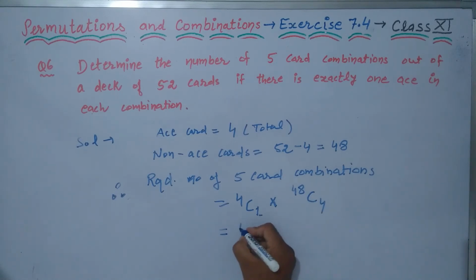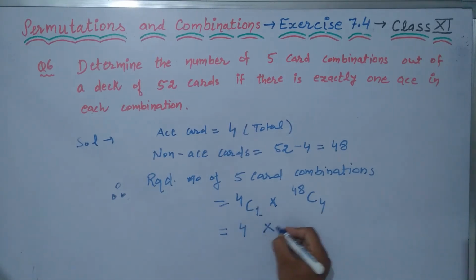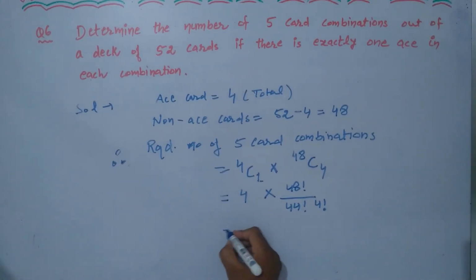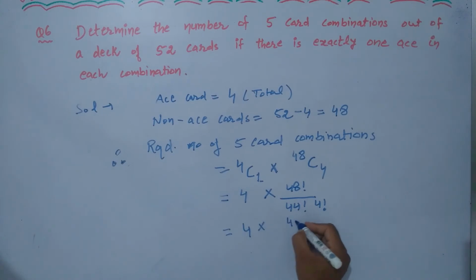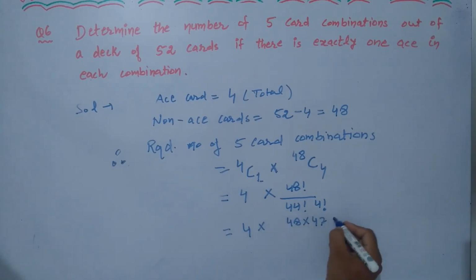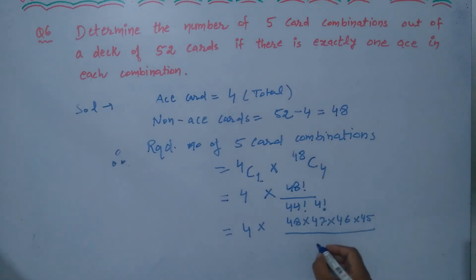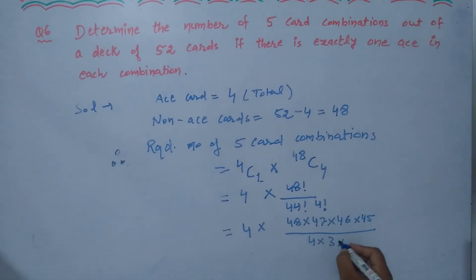We can solve this like this: 4c1 means 4 into 48c4, which means 48 factorial divided by 48 minus 4, 44 factorial into 4 factorial, which is equal to 4 into 48 into 47 into 46 into 45, 44 factorial cancelled, upon 4 factorial means 4 into 3 into 2 into 1, right?